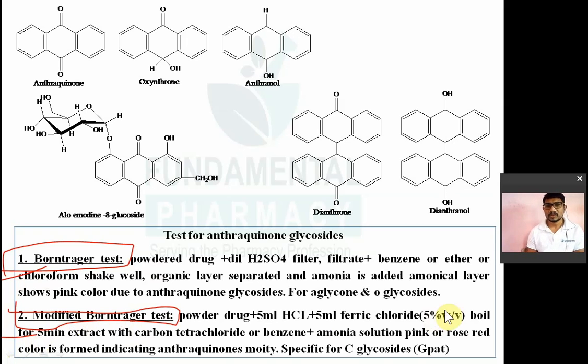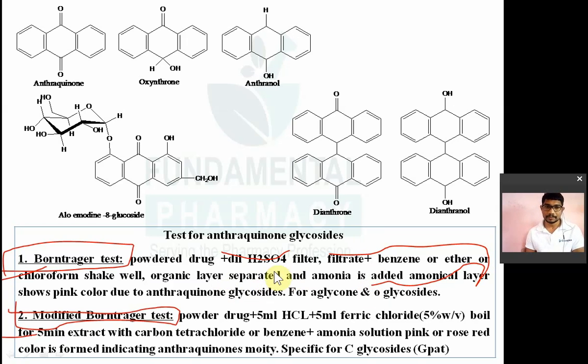So what is in this? Whatever glycoside sample we have is powdered and hydrolyzed first. In case of the Borntrager test, the sample is hydrolyzed by sulfuric acid. Then you have to filter it, plus you have to add an organic solvent like ether, benzene, or chloroform.